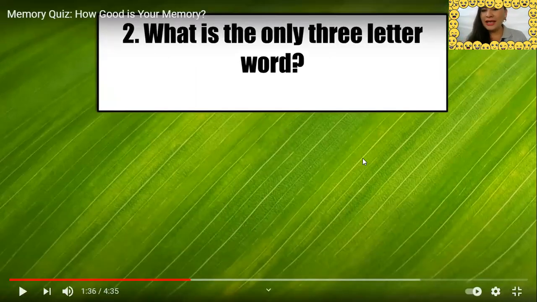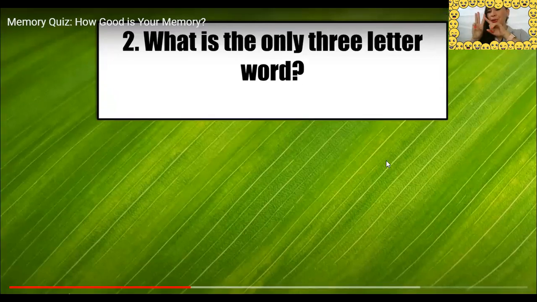What is the only 3-letter word? There is a word that has 3 letters. What is the word? Did you remember? No?